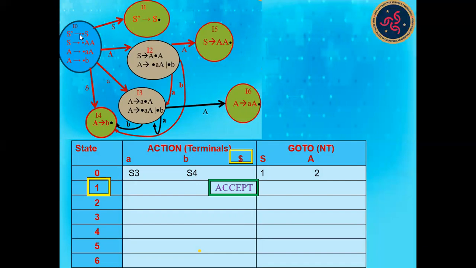S is the start symbol of our grammar. So the dot is at the end of this production. That means we have seen everything in S. So here our parsing is done, right? So at this state, if we have encountered the dollar symbol, then that means that we have accepted that string by the SLR parser.